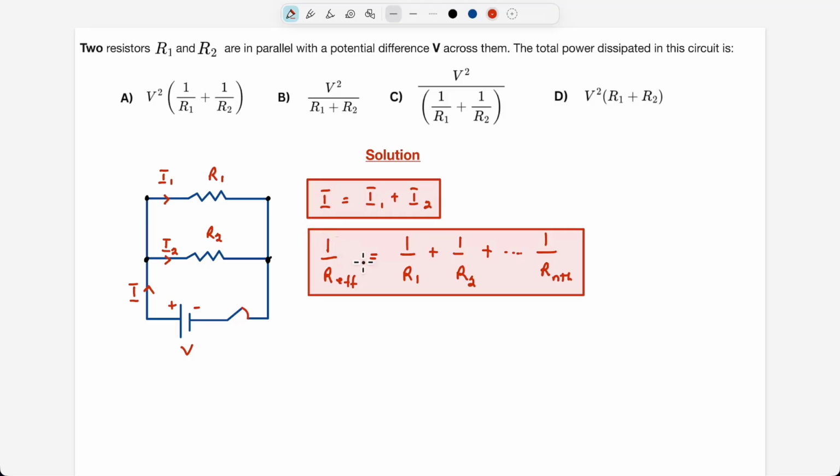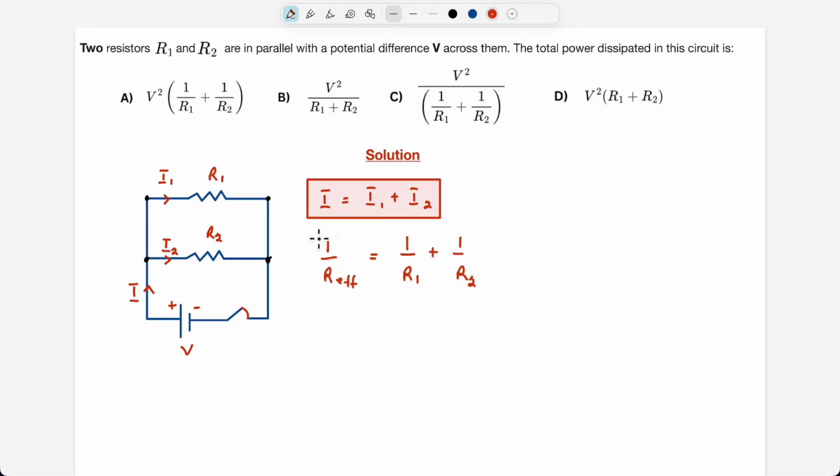However, for this circuit, what we have is just two resistors, R1 and R2. So we have just 1 over R1 plus 1 over R2, and that gives us the effective resistance. So for two resistors in parallel, the effective resistance is calculated from this formula: 1 over the effective resistance is equal to 1 over R1 plus 1 over R2.